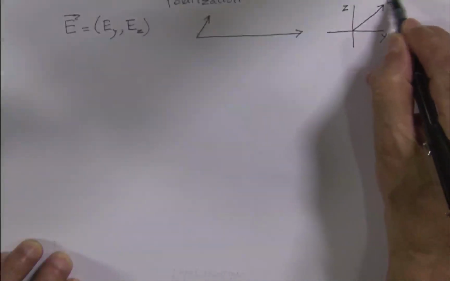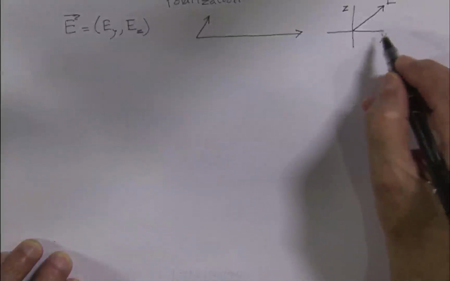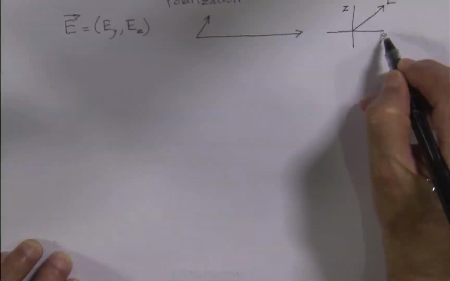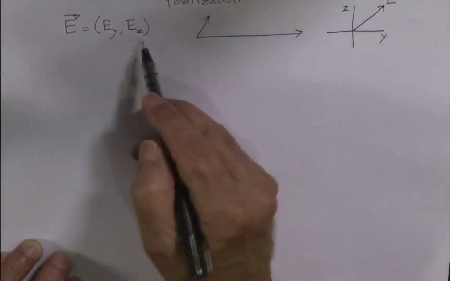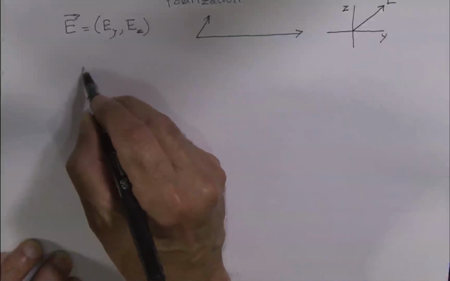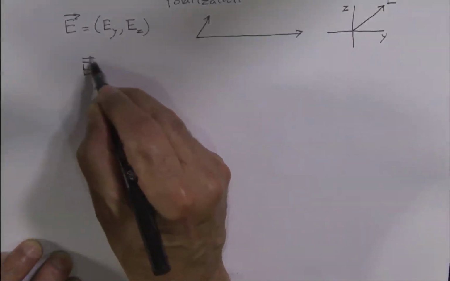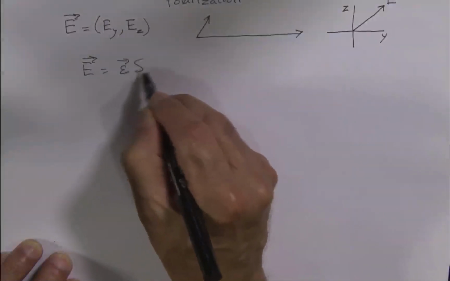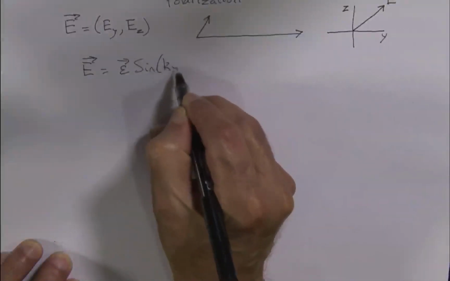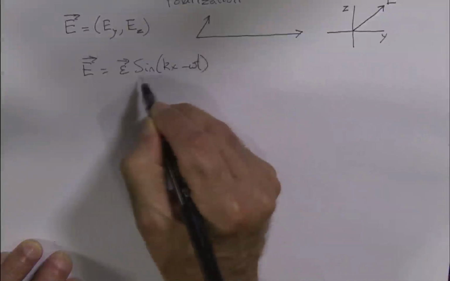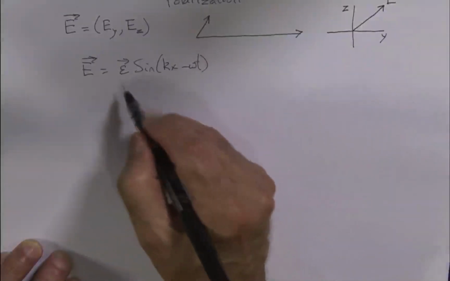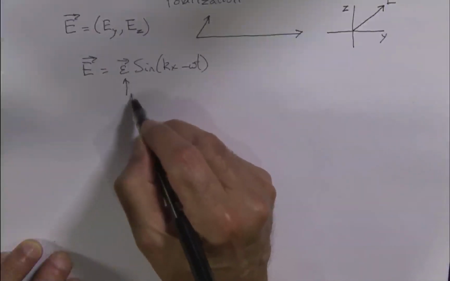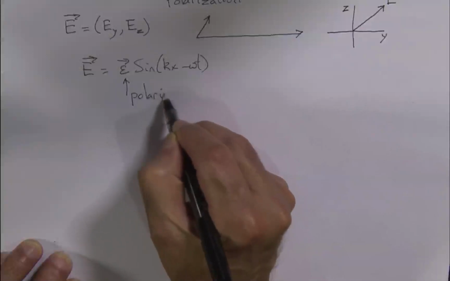And so let's call it vector E with components Ey and Ez. Now, E can be written, therefore, as E sine of kx minus omega t or cosine of kx minus omega t. And this is what is called the polarization vector.